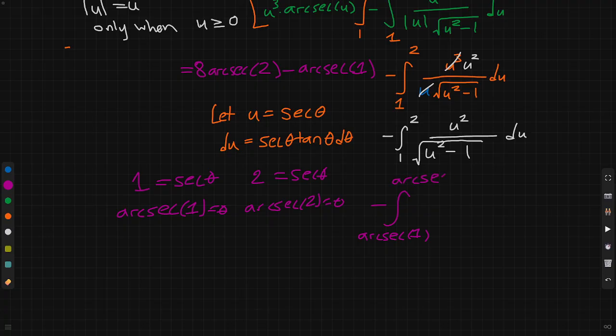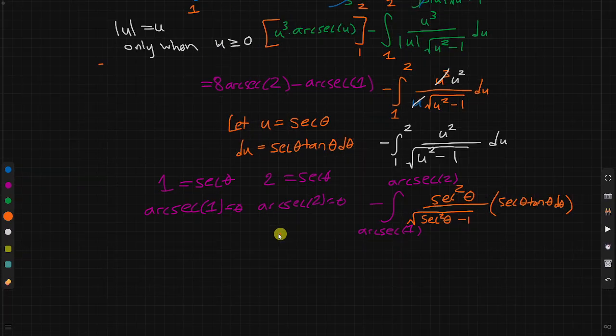Arc secant of 2. And to rewrite the integrand, the numerator is u squared, and we know that u is equal to secant theta, so u squared is secant squared theta, divided by the square root of u squared, again secant squared theta, minus 1. And du is secant theta tangent theta d theta. All right. All we have to do now is solve this integral.